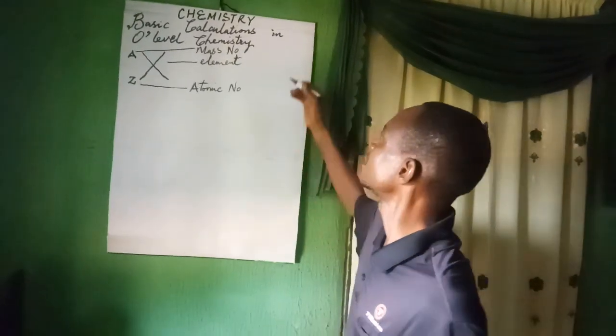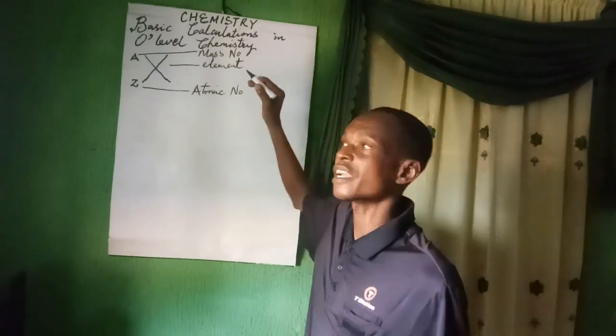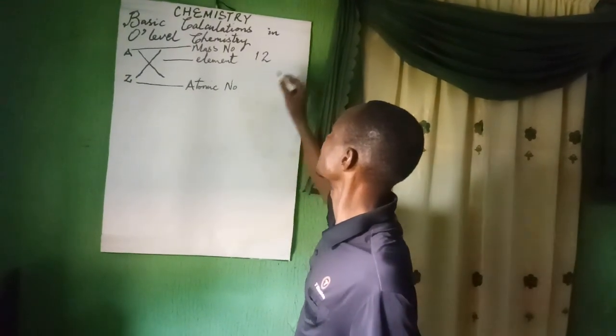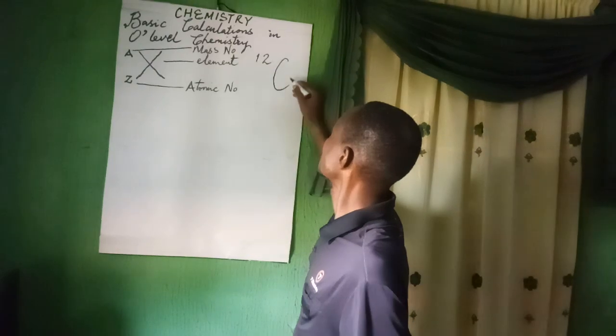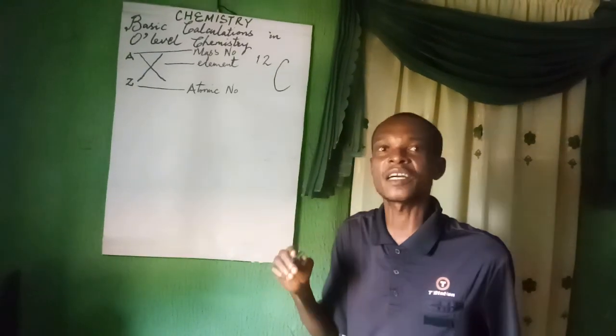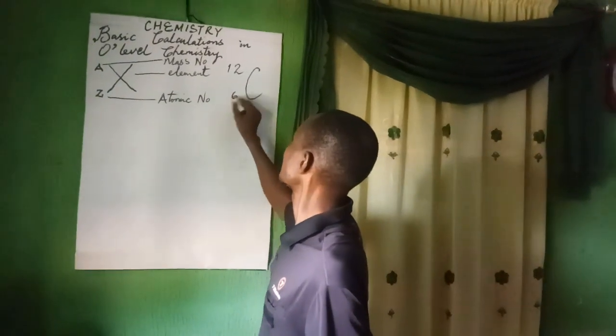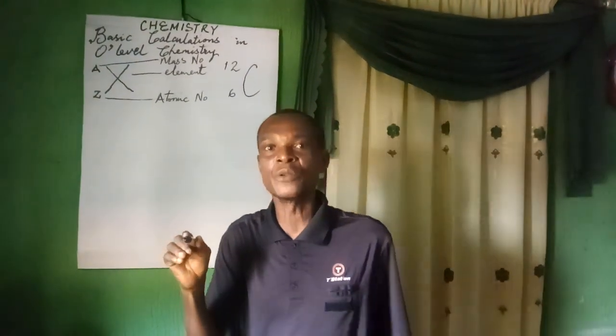In other words, when we decide to represent an element like carbon, we are going to have 12 as the mass number on top. Then the symbol of the element, carbon, C, and then 6 as the atomic number below.